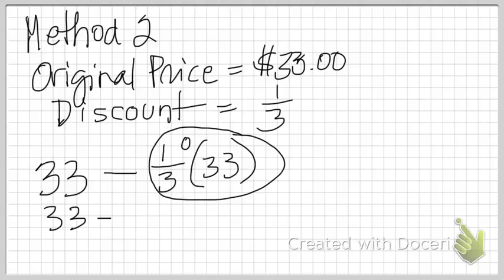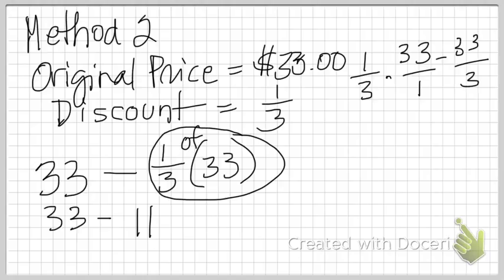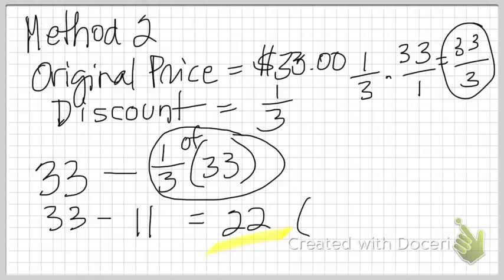of, and remember this is the multiplication, that would equal 11, most of us know. But if you wanted to actually do the multiplication, this is how you would do it: 33 over 3, and that equals 11. And then that equals 22, and here we have our price of 22 as now our sales price.